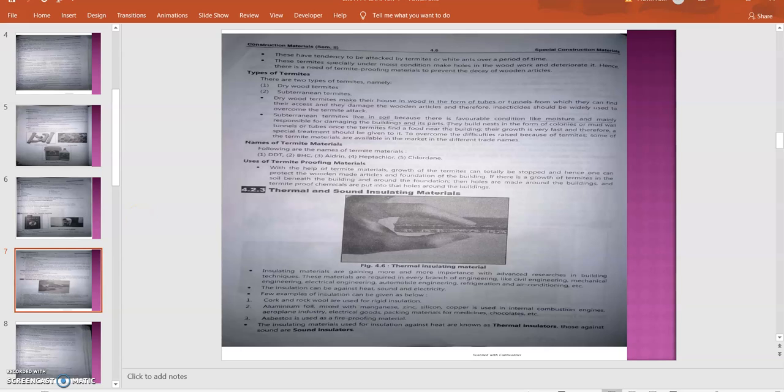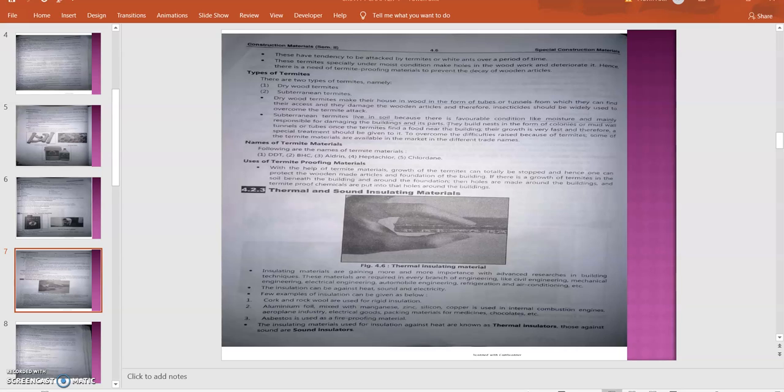So in institutional buildings, in theaters, in commercial buildings, we require acoustical halls. So that's why sometimes sound insulating materials are used. Similarly, in buildings we require thermal proofing, because if the building gets overheated, then we will feel that temperature, and because of that we require thermal insulating materials.